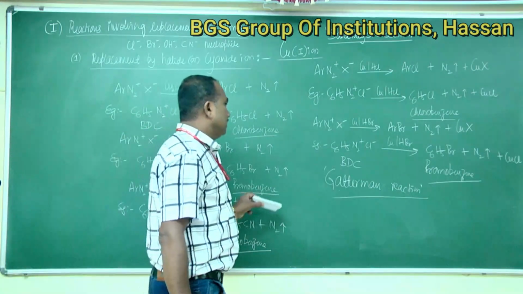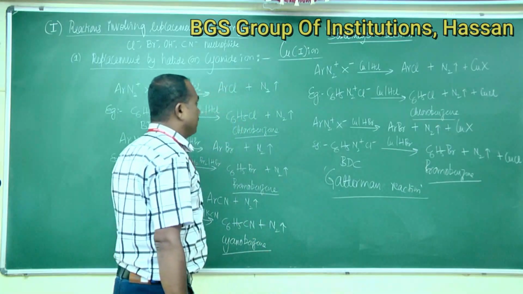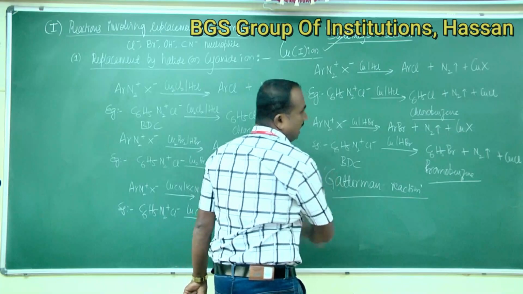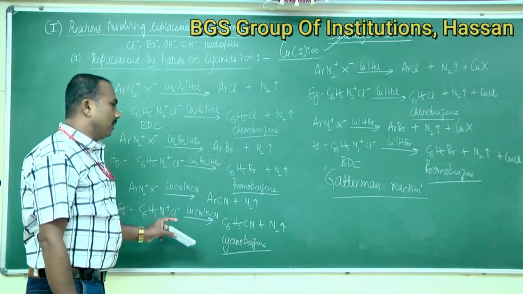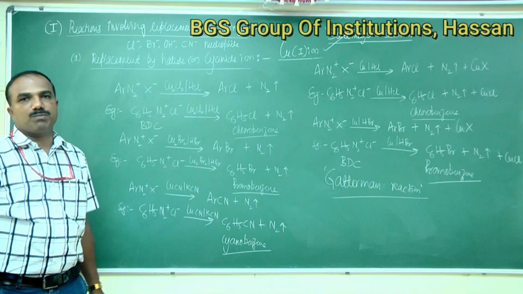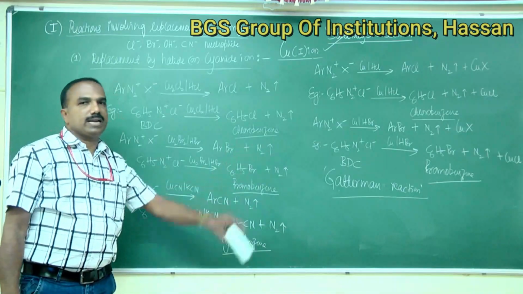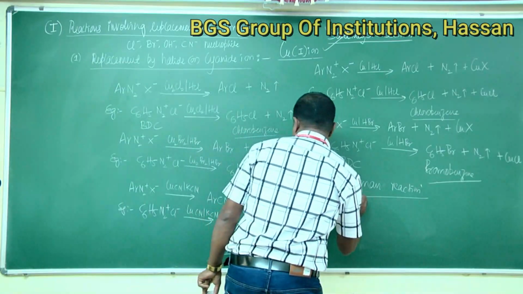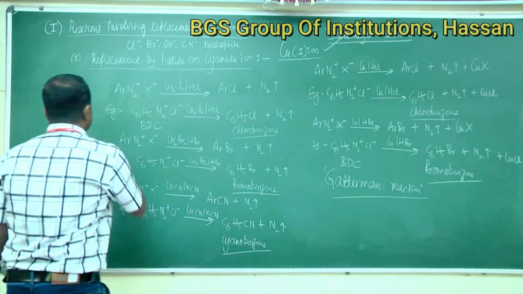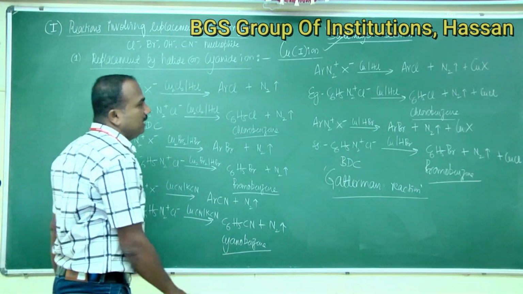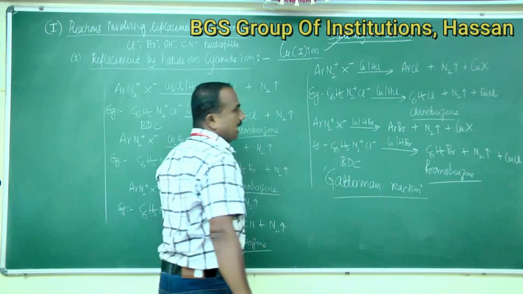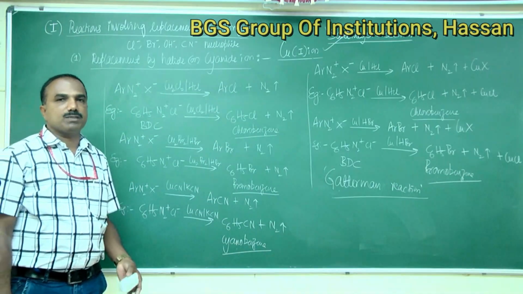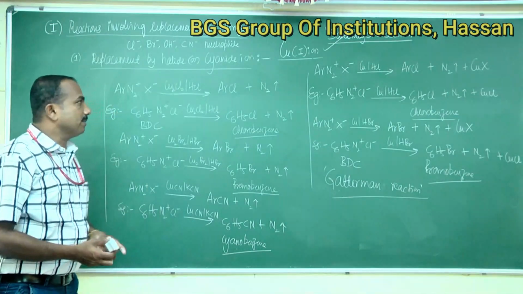The yield produced in the Sandmeyer's reaction is more compared to that of the Gattermann reaction. These three reactions are called Sandmeyer's reaction, and these two reactions are called the Gattermann reaction.